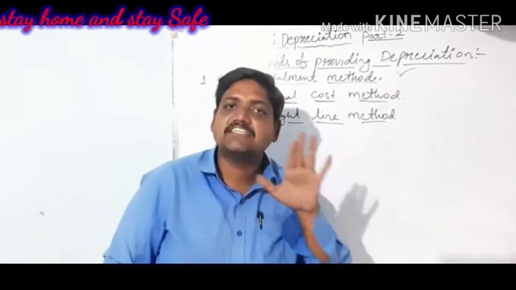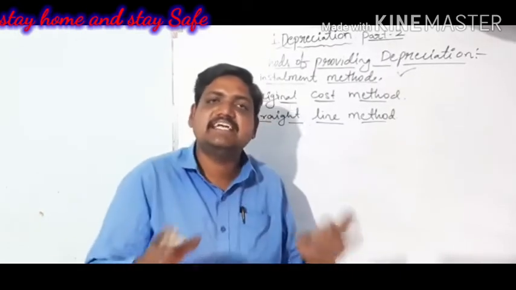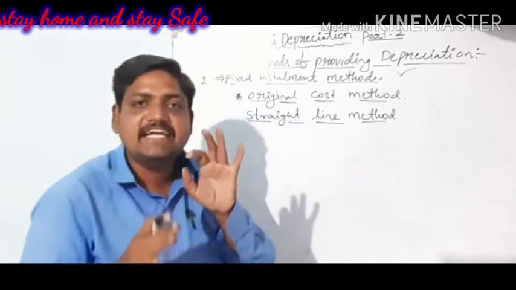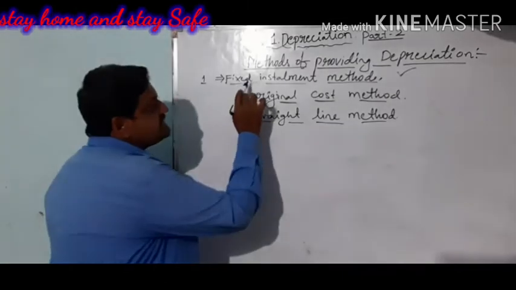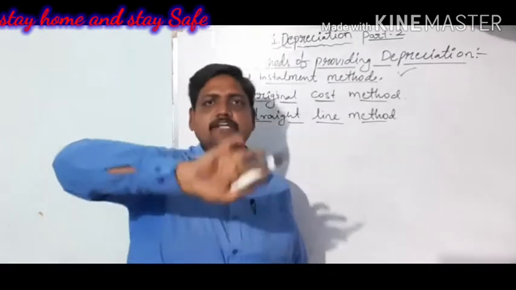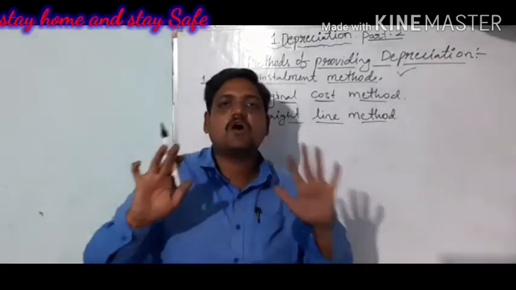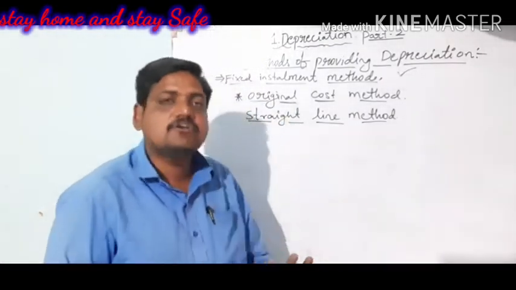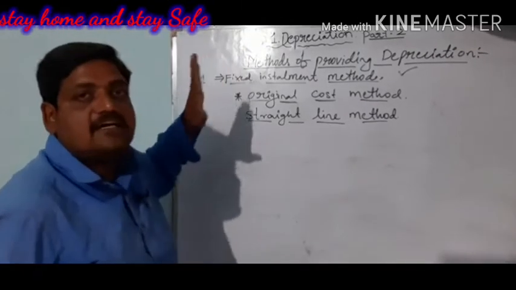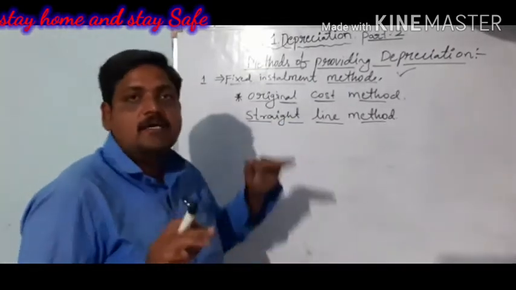There is no chance to change it. The depreciation is always constant, fixed, until the asset value reaches zero. That is why it is called the fixed, original cost, or straight line method.